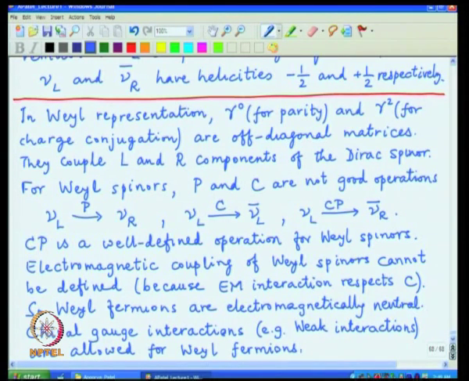So, this much about the various kinds of interactions Weyl fermions can have depending on their properties of parity and charge conjugation.